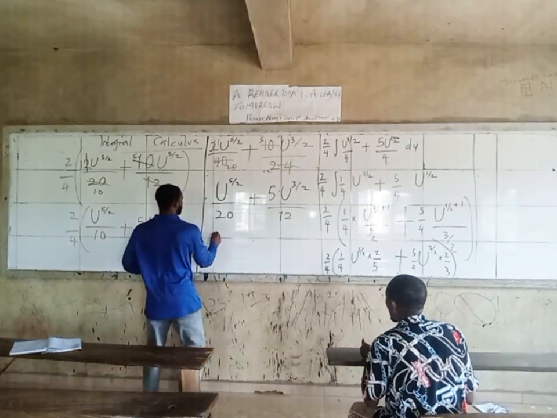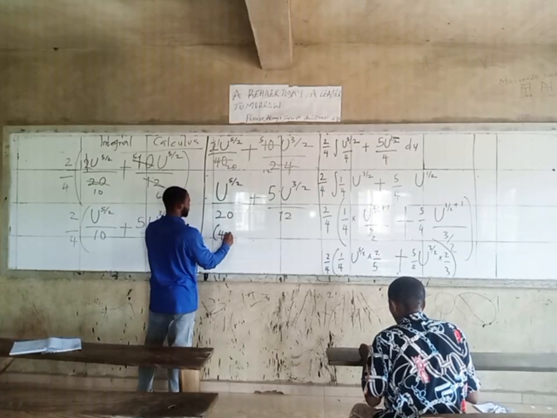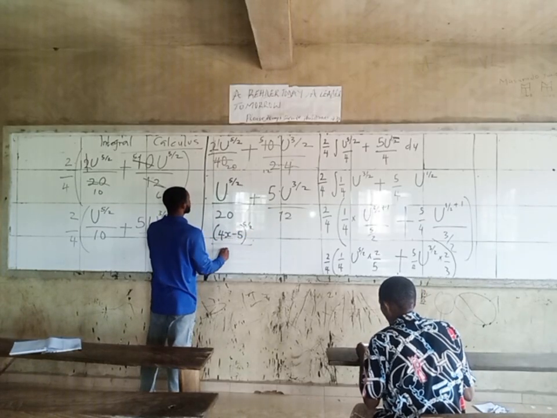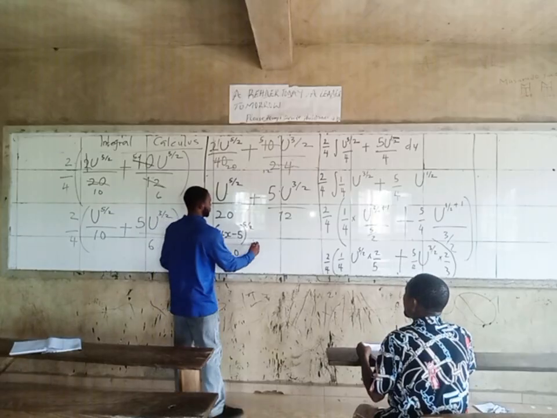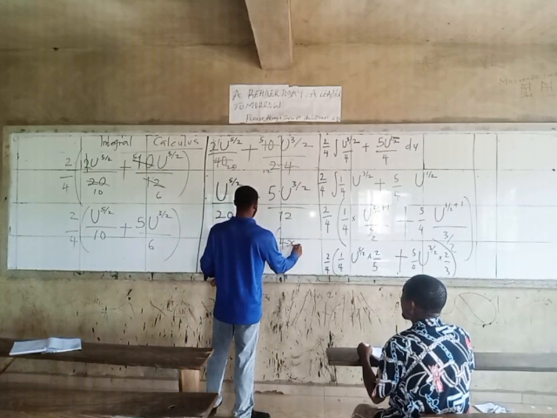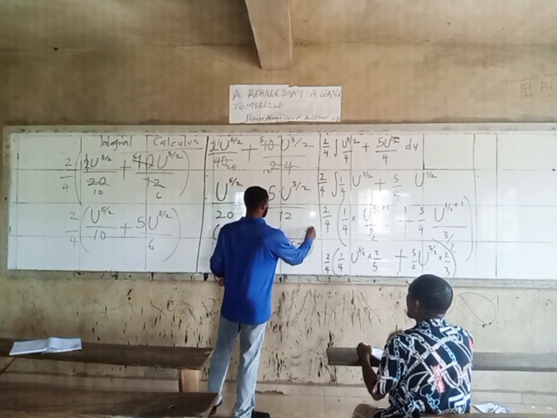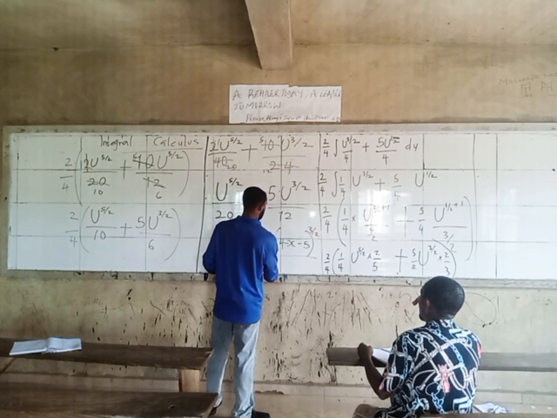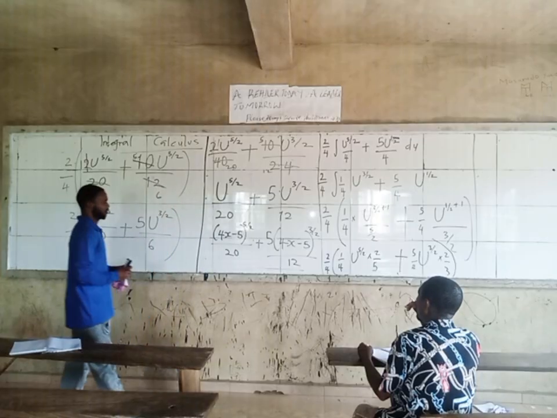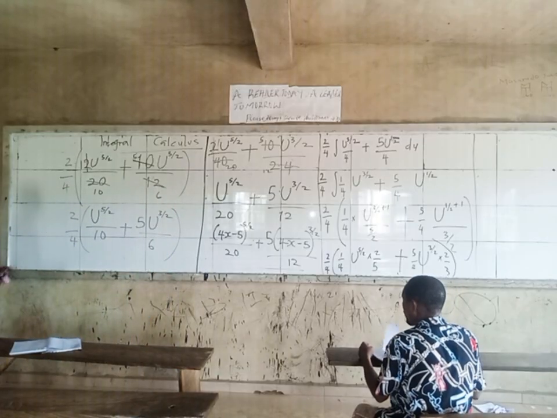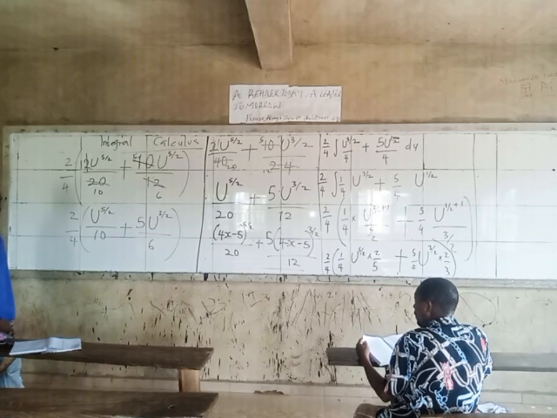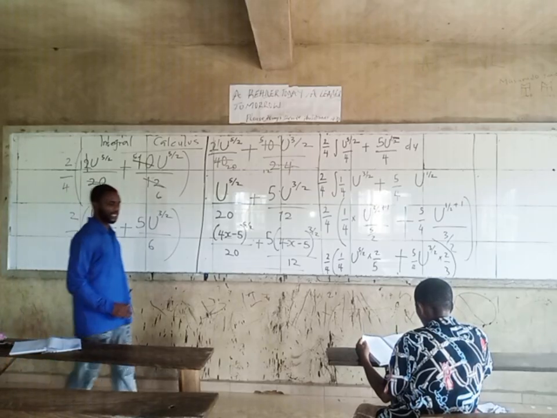So I'll replace u with 4x minus 5. This will be the final answer. So if you finish writing, check if there is any confusion, so that if possible, we'll use another example to do it gradually.